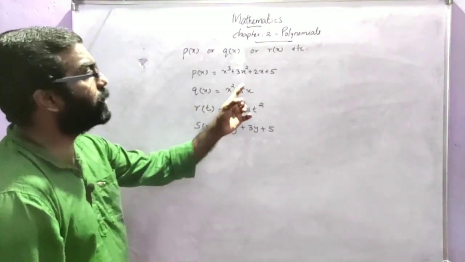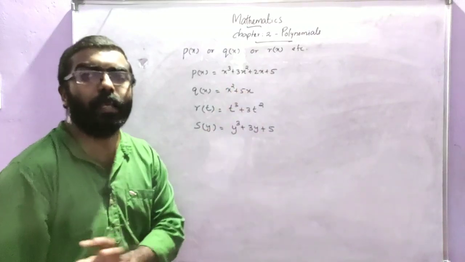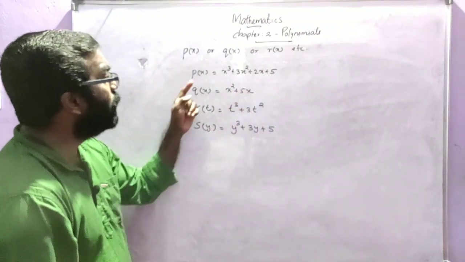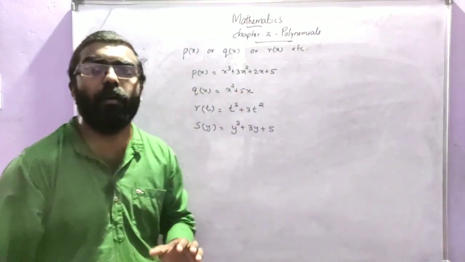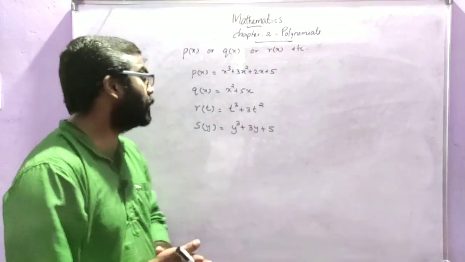So in the first two examples the variable is x, so we can say that p of x and q of x are polynomials in the variable x.